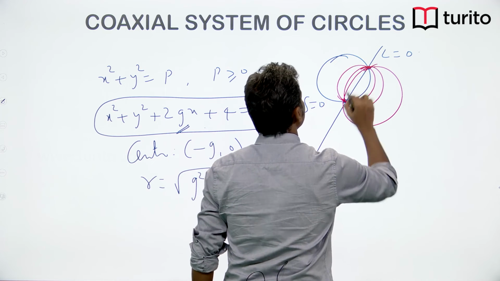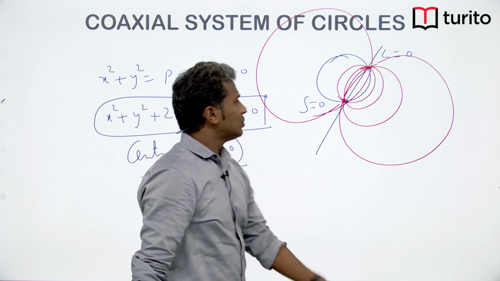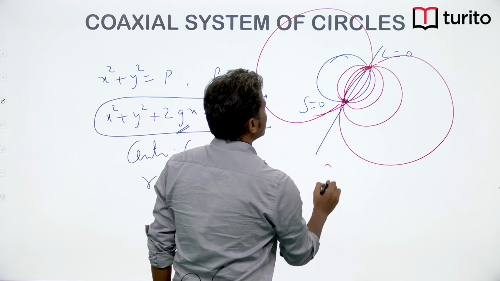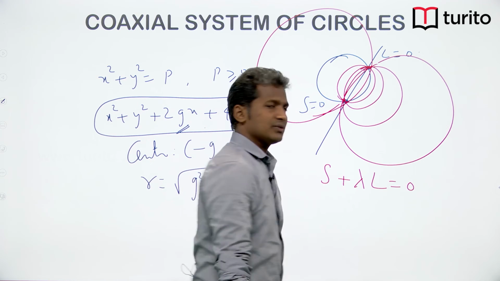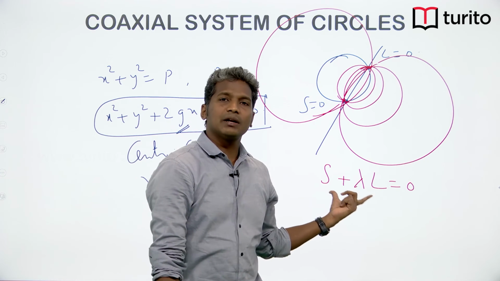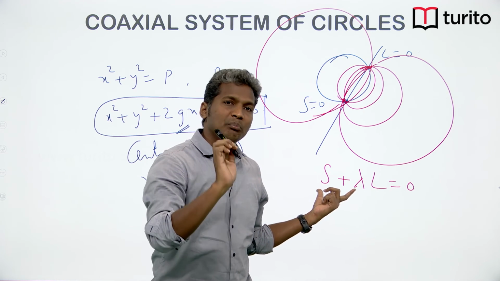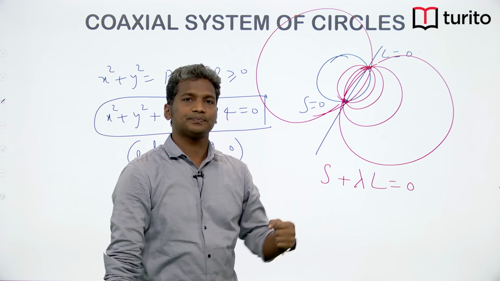Infinite circles are possible. All those circles can be represented using this equation S plus lambda L equal to 0. This represents a family of circles passing through the points of intersection of the line and the circle.